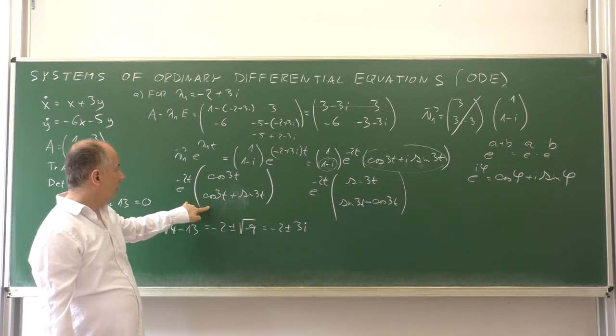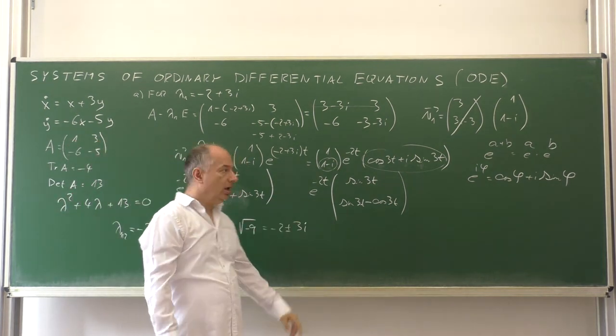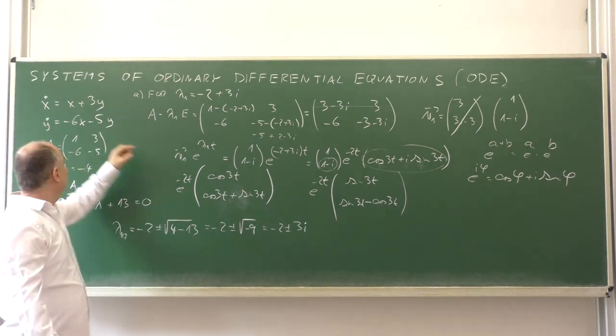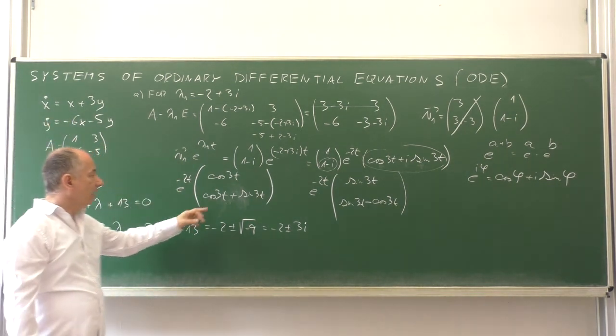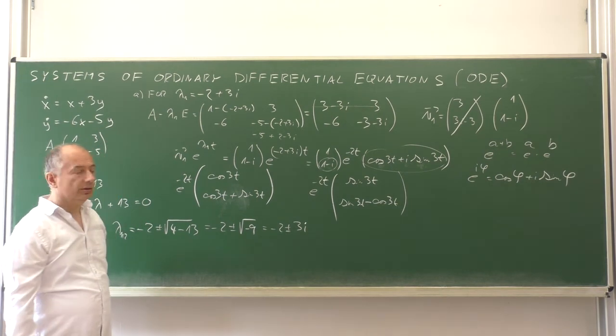So this is the real part, this is the imaginary part. Each one solved the system, and they are already real expressions.